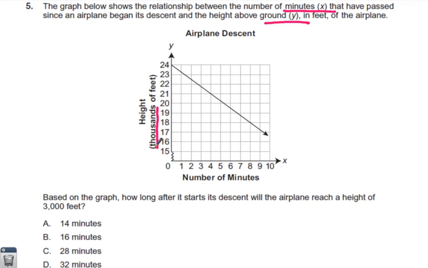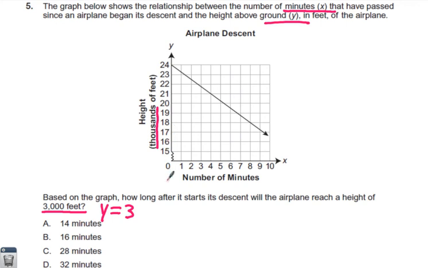The question ultimately is asking, based on the graph, how long after it starts its descent will the airplane reach a height of 3,000 feet, which essentially means just 3, 18,000 feet, 17,000 feet, 16,000 feet.